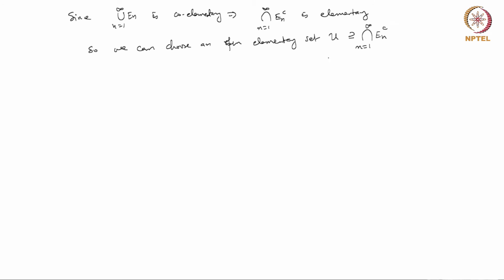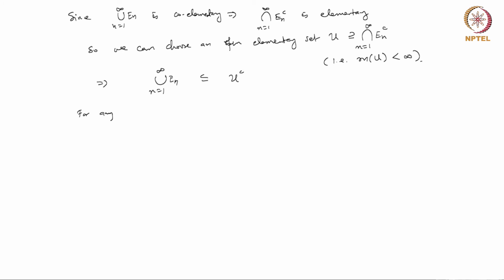So in particular the elementary measure is finite. Now once you again take complements, this means that the union of En is contained inside the complement of this open set U.